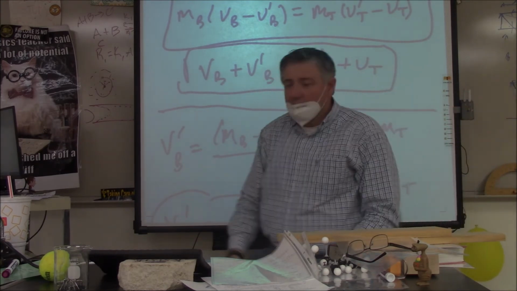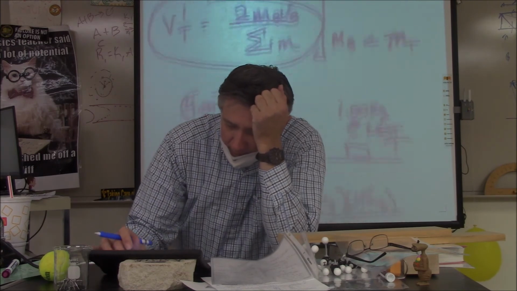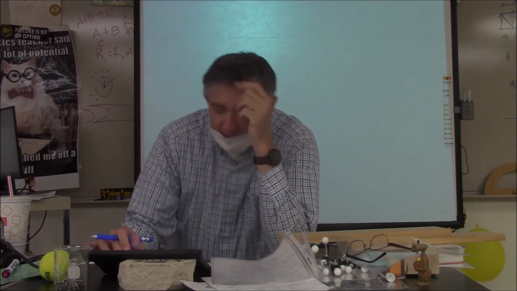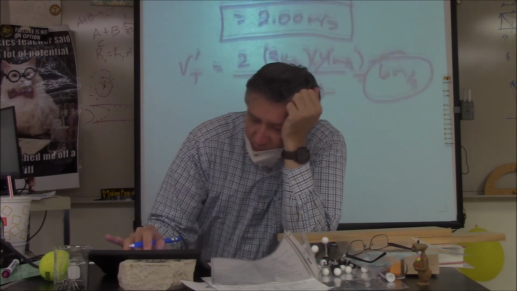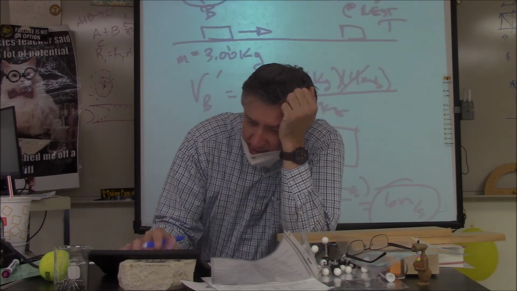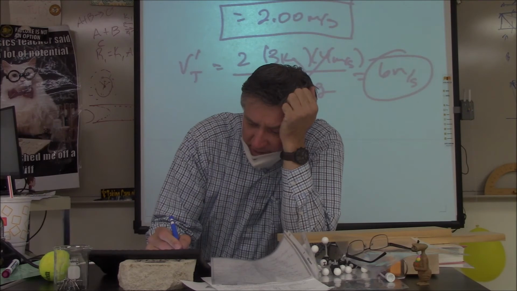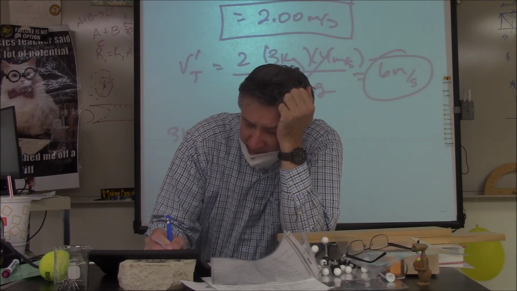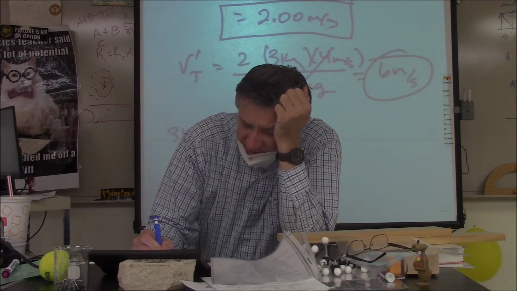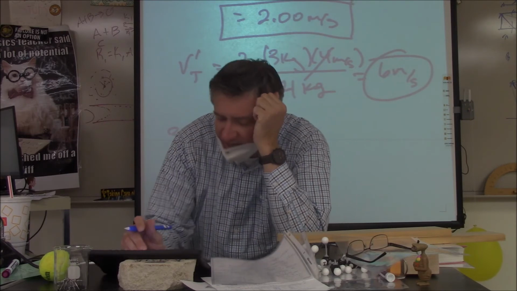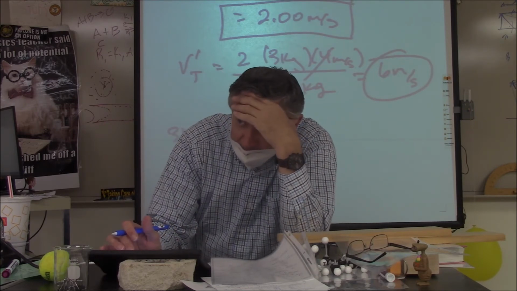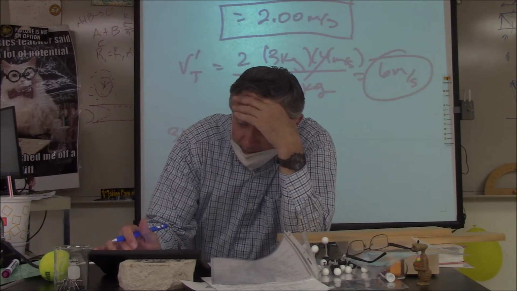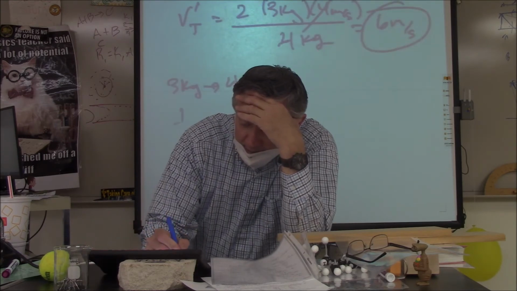Now, let's see if we actually conserved energy. So we had a 3 kilogram mass moving at 4 meters per second. Shivani, how can I calculate the original kinetic energy of the bullet? 1/2 mass times velocity squared.